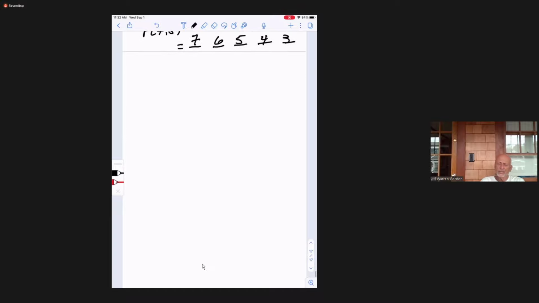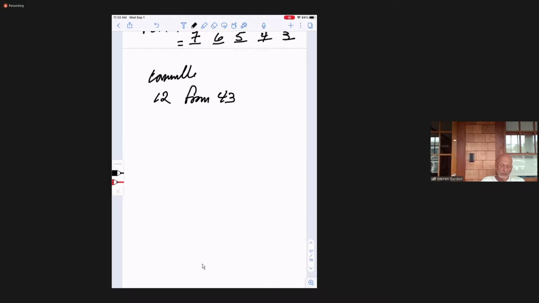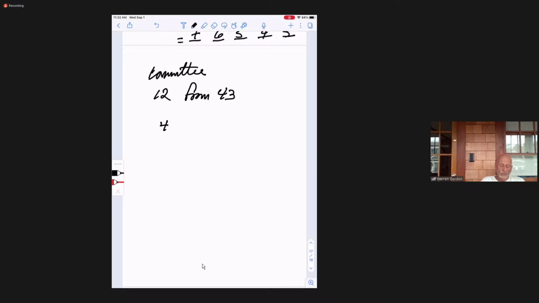But for combinations, I do. Combinations are going to be useful. So let me just do some calculations with you with some combinations. Suppose I want to choose 12 from 43 people, a committee of 12. Well, then the answer would just be 43 choose 12. Let me show you how we'd actually do the calculations. This would be 43 factorial, this would be 12 factorial, and this would be 31 factorial.